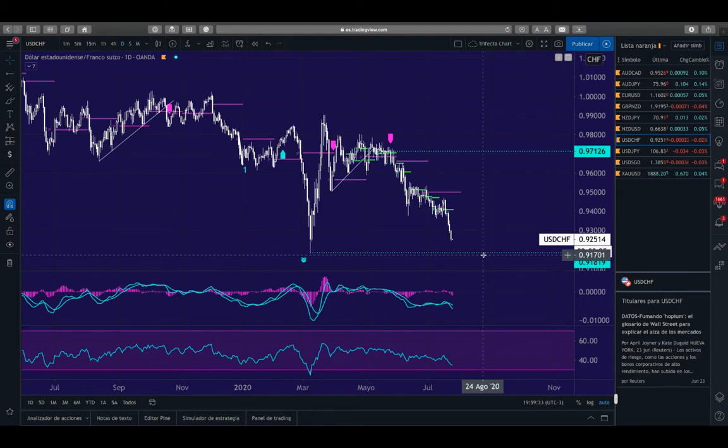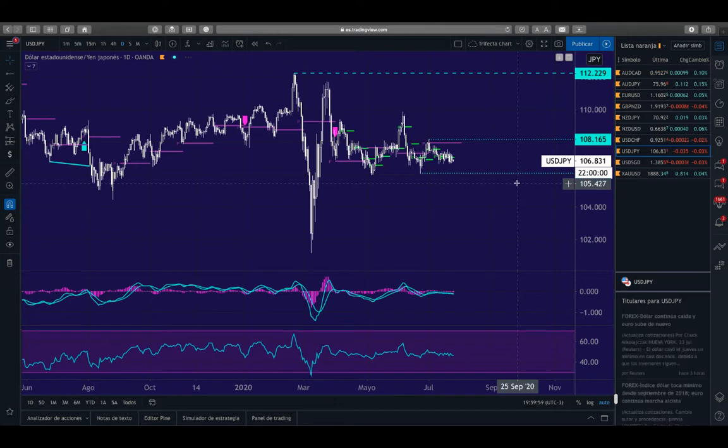We could be in front of a really nice long trade. So we have to pay attention. I have my alert here at this level, 0.9181, and if we touch and bounce against this support level, it would be a really nice moment to place a long trade in this currency.